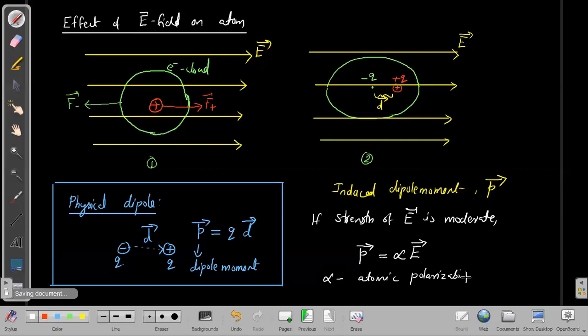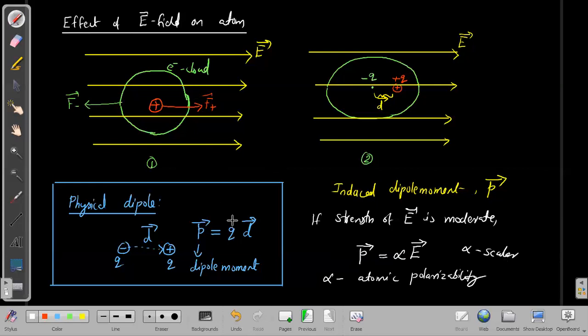The value of alpha changes with the atom. For hydrogen, alpha has some value; for oxygen, it will have some other value. So this is the effect of the electric field on a neutral atom. It will induce a dipole moment along the direction of the applied electric field, and alpha is simply a scalar quantity. Alpha is just a number.